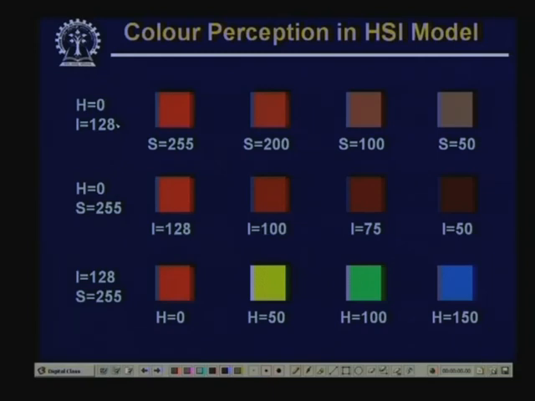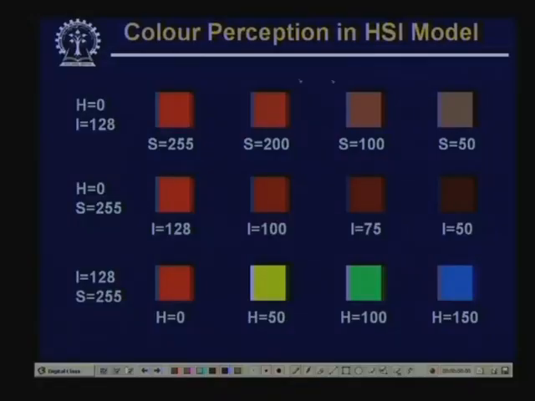As we said, our hue is measured from the red axis, from the red line. So, hue equal to 0 indicates that it is red color. In this case, the saturation equal to 255, which is the maximum, that means it is the pure red color, and intensity here is 128.